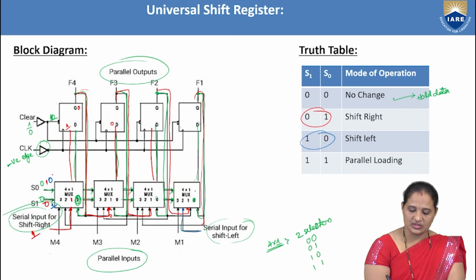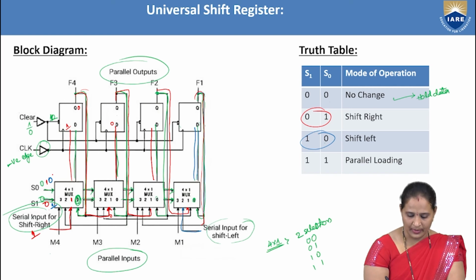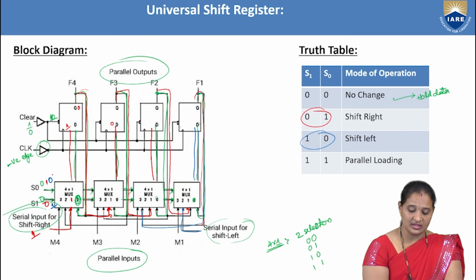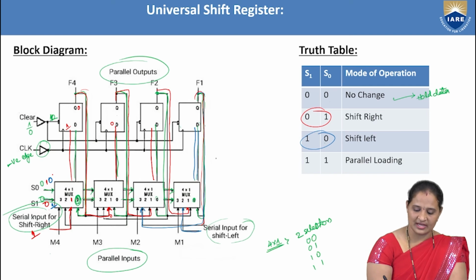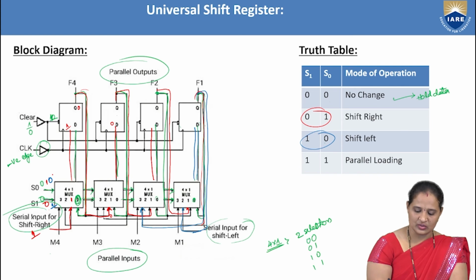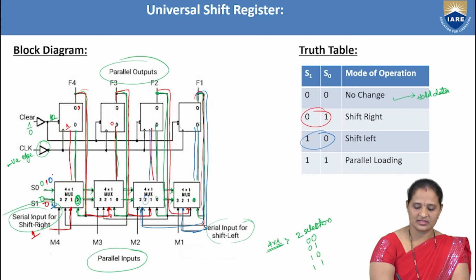So now this will be sent as input to this one, whereas the output is again given back to the second input of the second mux. Now as this is selected, this will be coming here and coming as input here. Now this line will be selected and given as input.